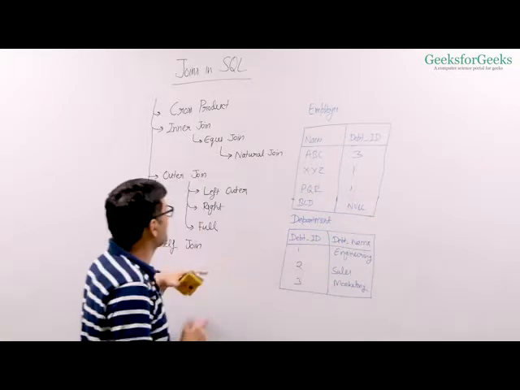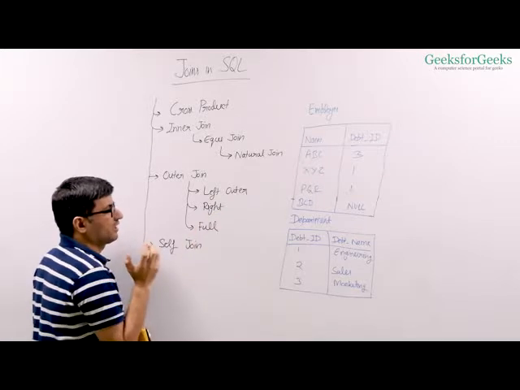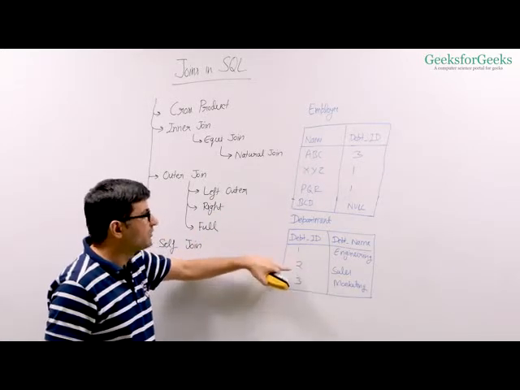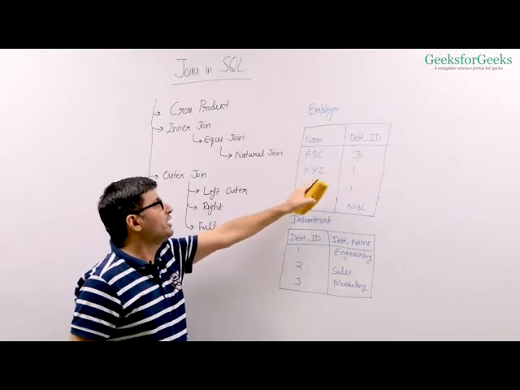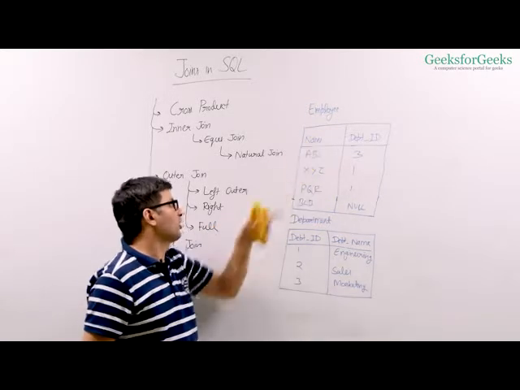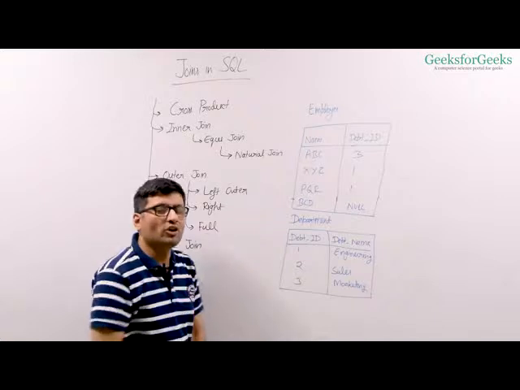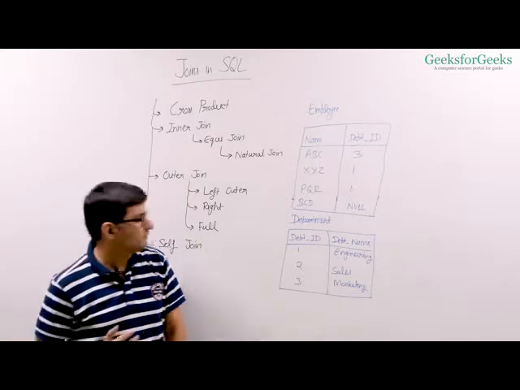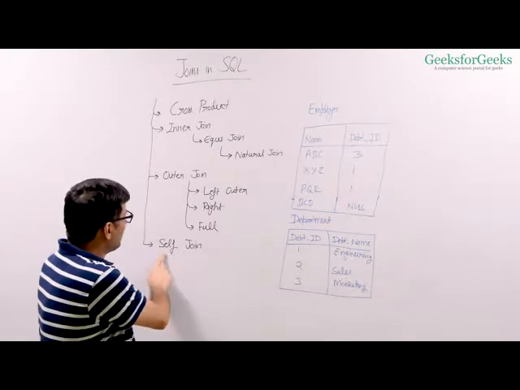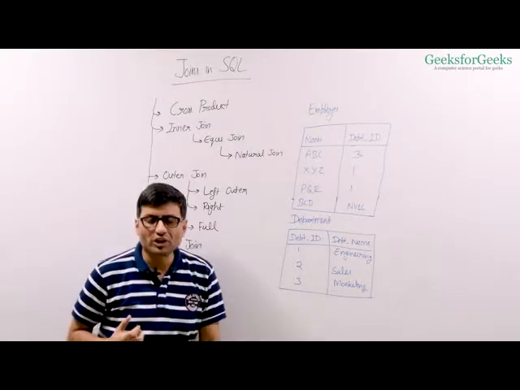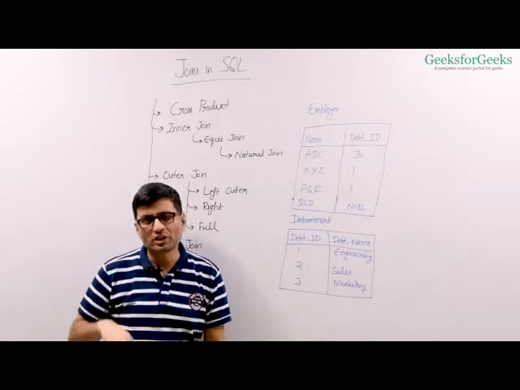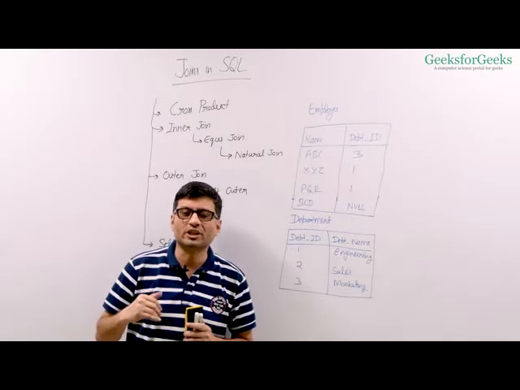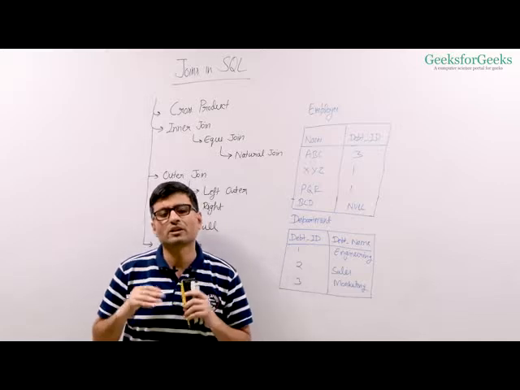We'll see an example. Right outer join is the opposite of the left outer join. It will have all the rows of the right table and it will fill in the non-matching rows of the employee table. Full outer join is a union of left outer join and right outer join. Self join is a special case of join when you want to join the table with itself. So there is only one table and you are joining the table to itself, then you call it self join.